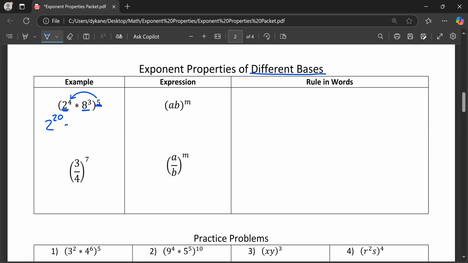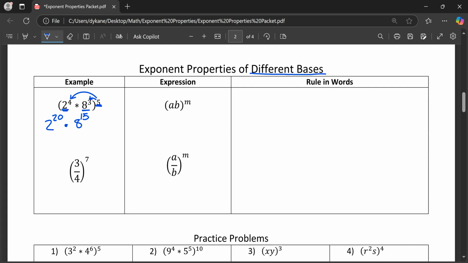And I'm going to multiply that. And then 8 to the 3rd power is going to be written 5 times as well. So again, I can multiply those exponents and get 8 to the 15th power. Okay, so keeping our bases separate, I have 2 to the 20th times 8 to the 15th.